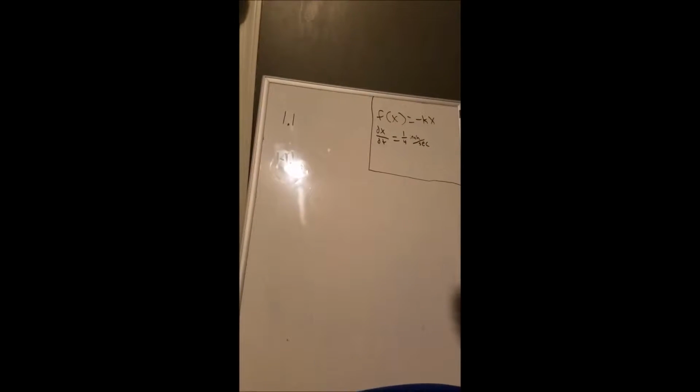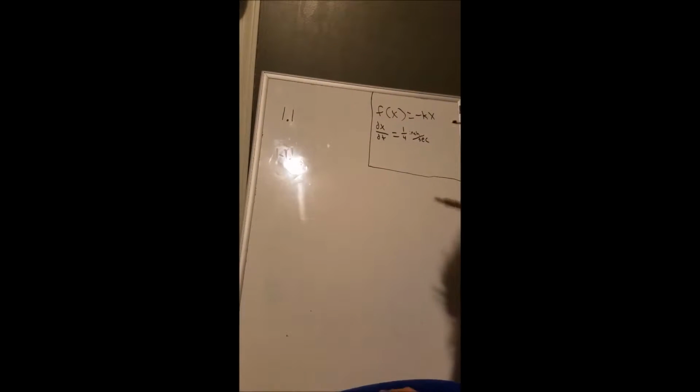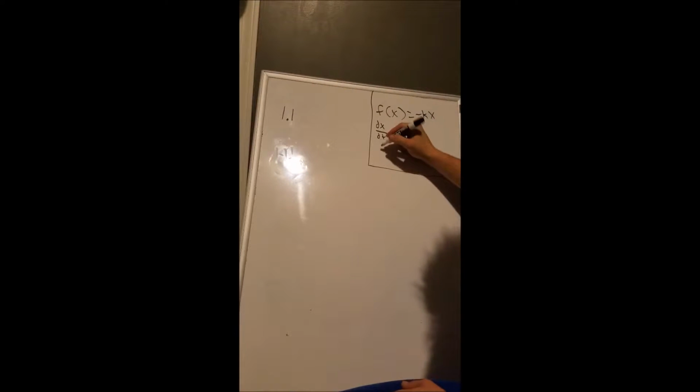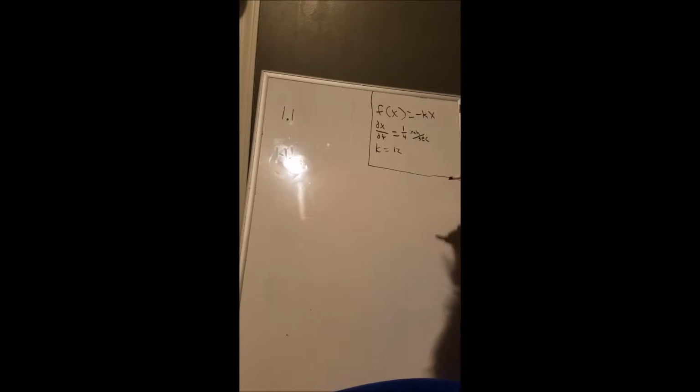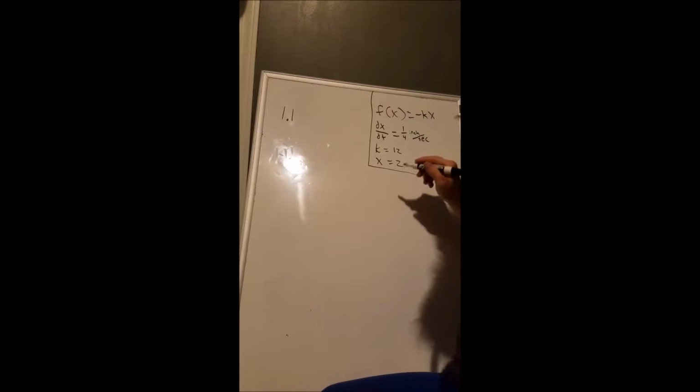We also know that k is a constant at 12, so we'll write that. And for part A, we know that x is equal to 2. So we can do our original equation.